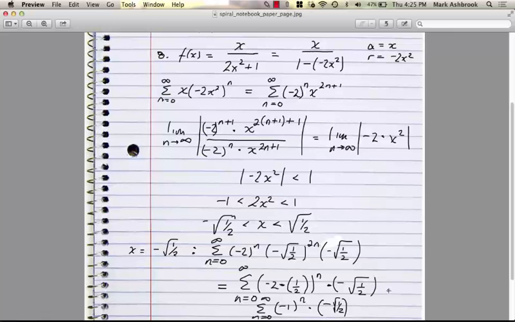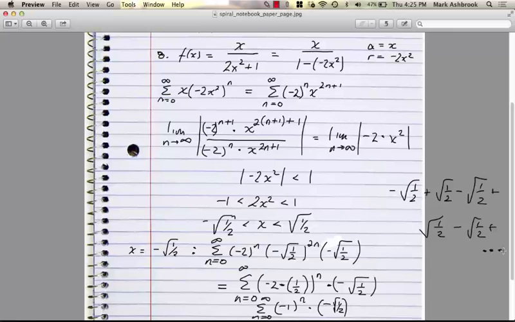So your terms are just alternating between radical half and negative radical half. This is what your series is going to look like, on and on and on.